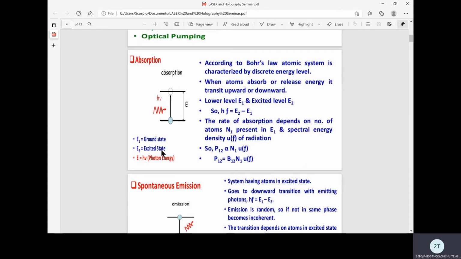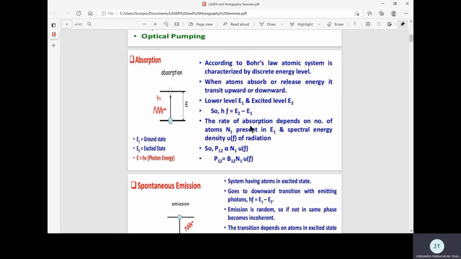E1 is the ground state and E2 is the excited state, and the atom absorbs a photon of energy h nu incident on it, and because of it, it undergoes excitation from E1 to E2. This is nothing but absorption.